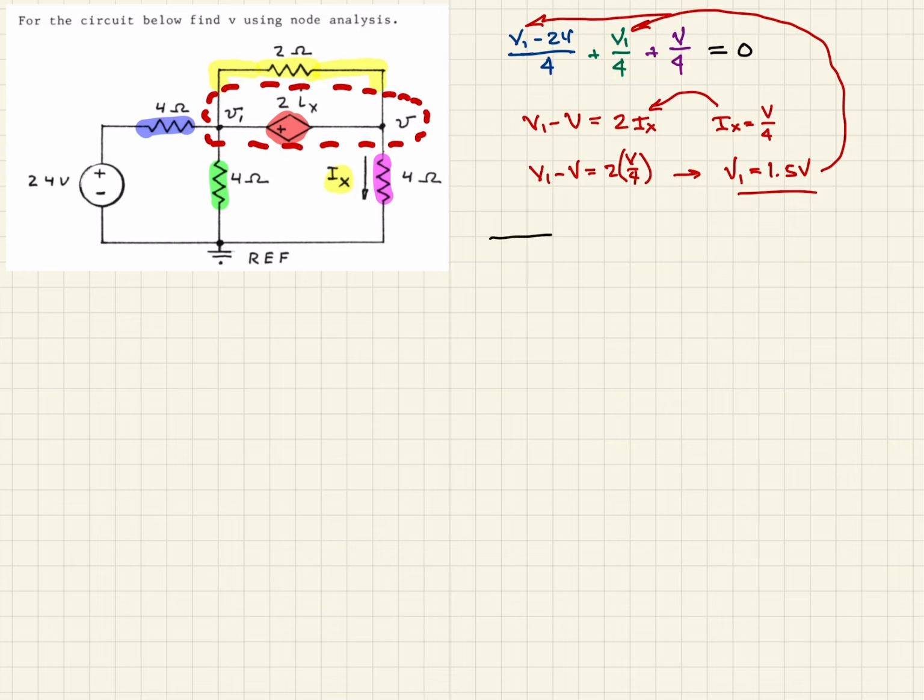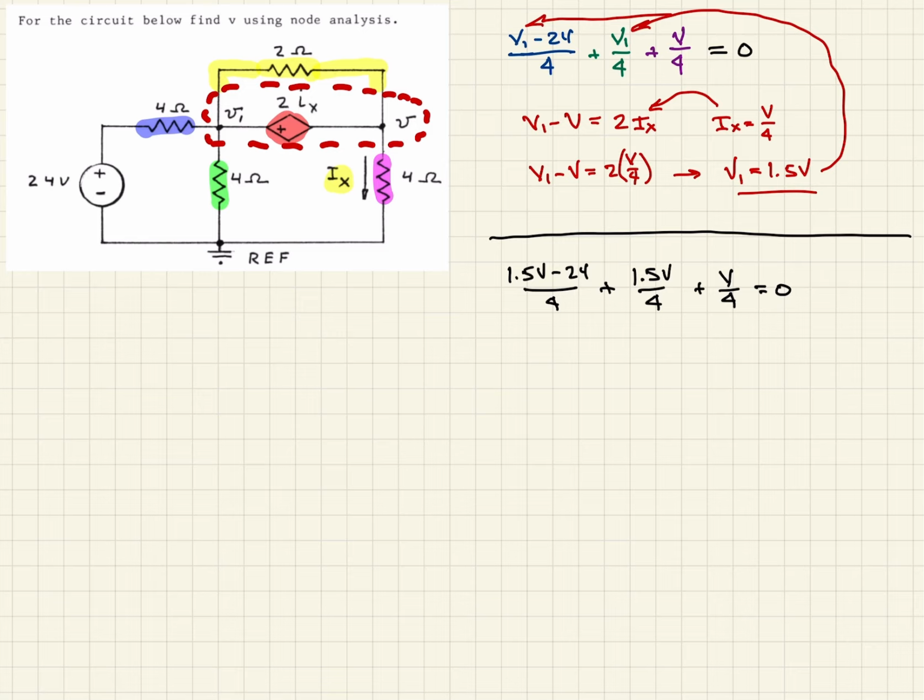So if we do that replacement, then we will have 1.5 V minus 24 over 4, plus 1.5 V over 4, plus V over 4 is all equal to 0.